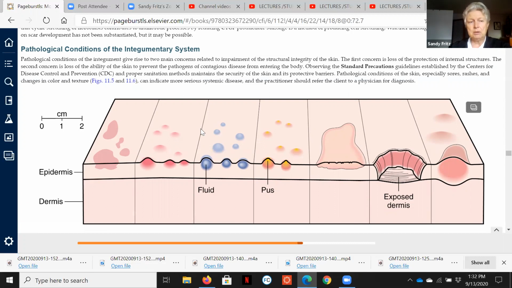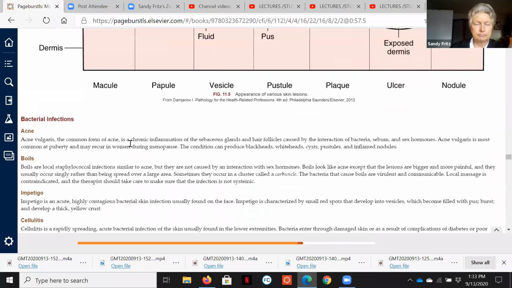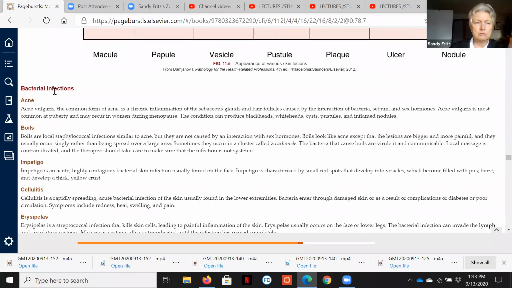But the thing we watch with the skin, if there's anything that has breached through the skin, a puncture, an insect bite, a scrape, a cut, a surgical incision, now that is a venue or a pathway for bacteria to get in. And so these are a variety of bacterial infections that can occur.